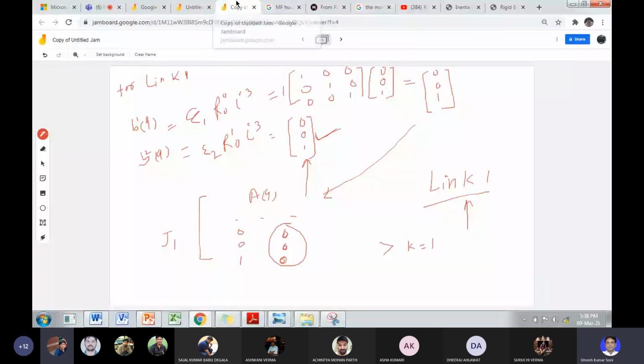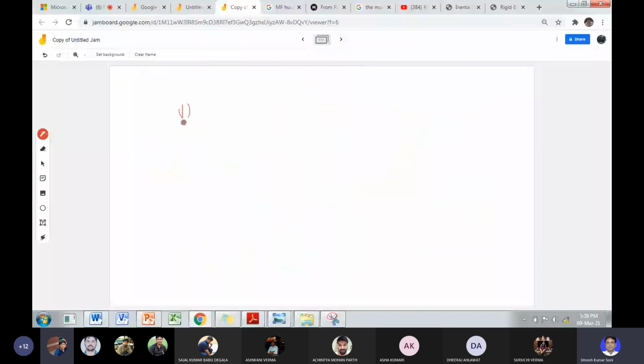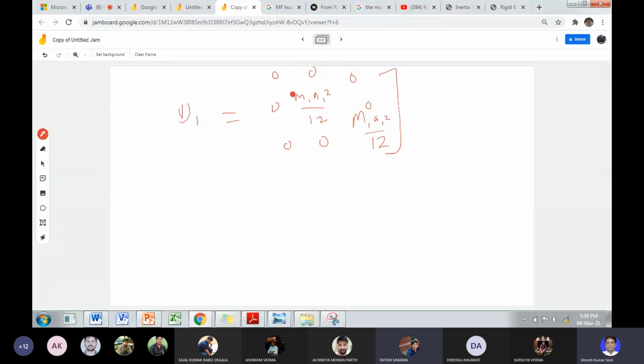D1 equals M1 A1 square upon 12, and this is 0 element, this is 0 element, this is 0 element, and this is M1 A1 square upon 12 into... Now if you do this, what will happen? That is D1.